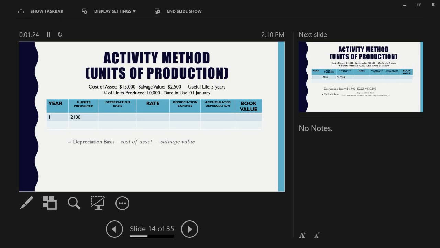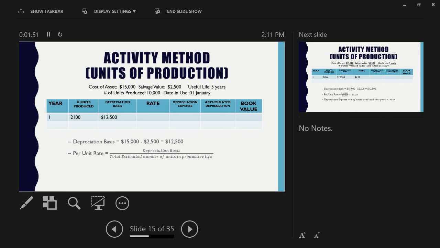The cost of asset, 15,000, minus the salvage value, which is 2,500, should give you 12,500. That is correct. Perfect.